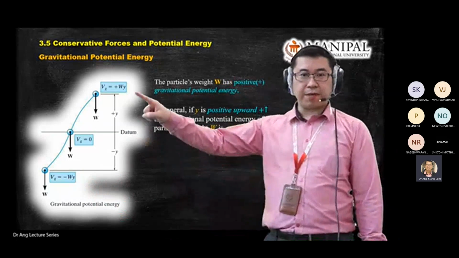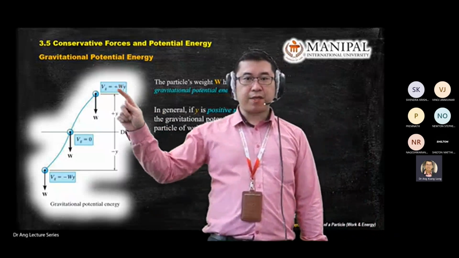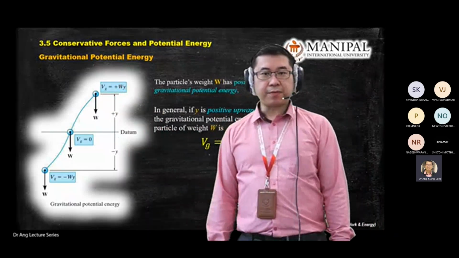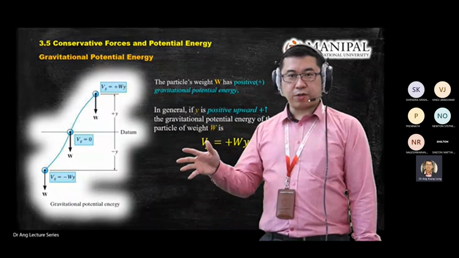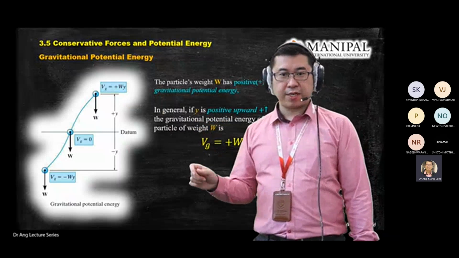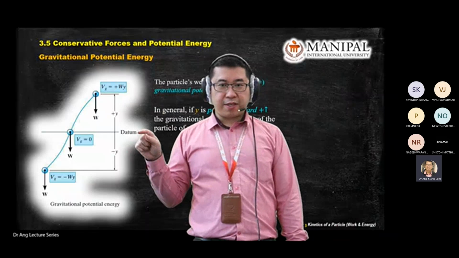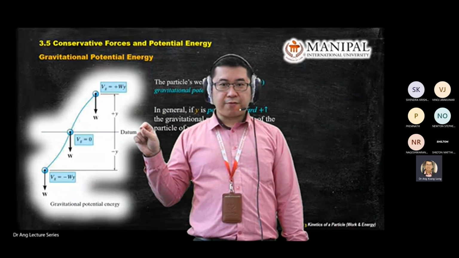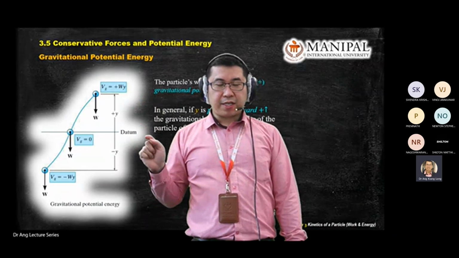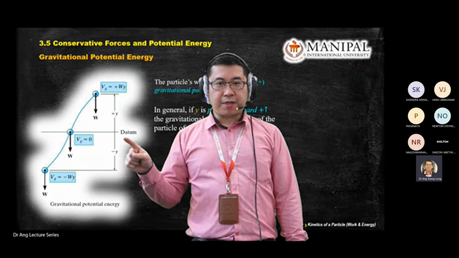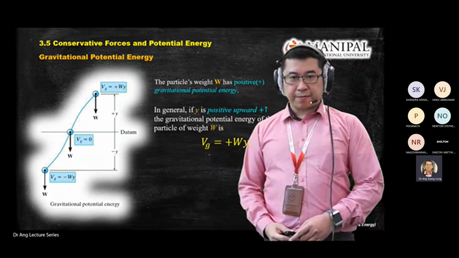If your object is above the datum, then you charge up the energy. So before you solve for potential energy or energy questions in chapter 3, be careful about the datum. If your datum is given and your object starts from a position above the datum, then you get positive energy. If you're given a datum but the object starts from a position below the datum, you get negative energy. Right.